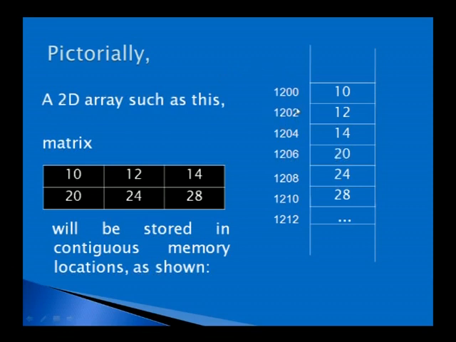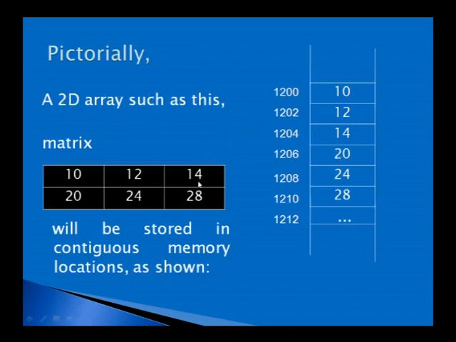As I told you, it all depends on the data type of the elements. Since we have considered it as integer and we know integer occupies just 2 bytes of memory, here 1200 and 1201 would be for element 10. So, the second element 12 is allocated at location 1202.